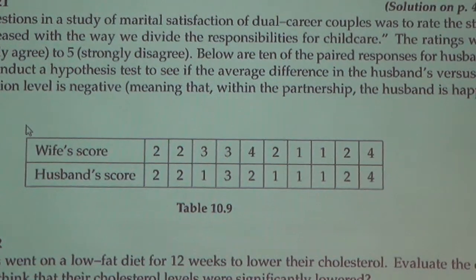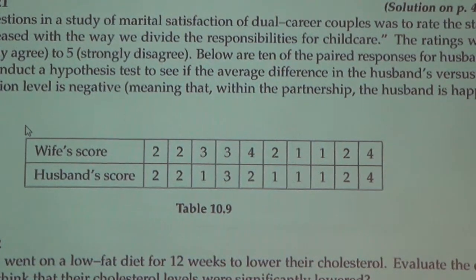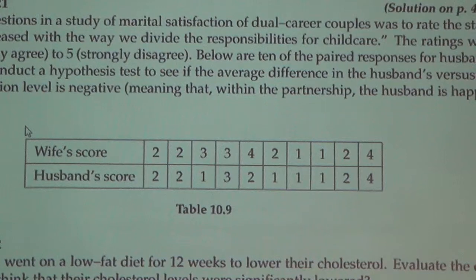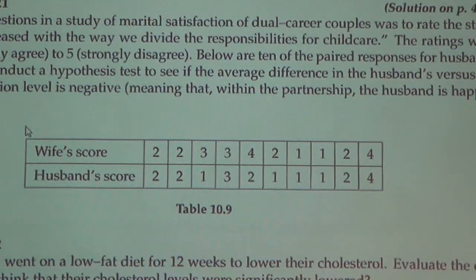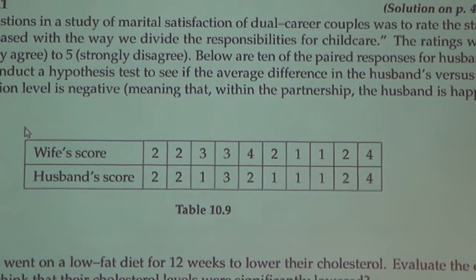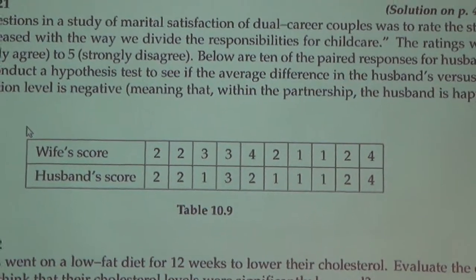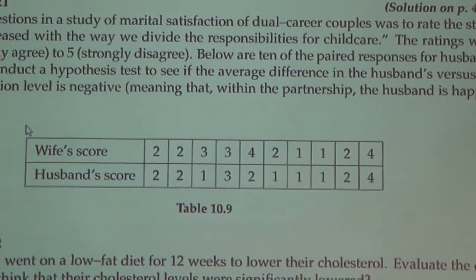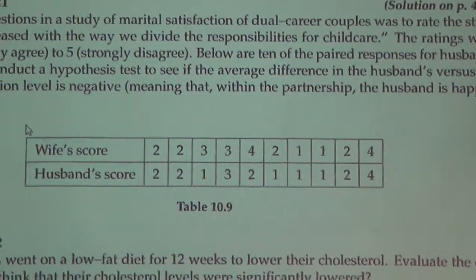Smaller or bigger? Smaller indicate more agreement with the statement. And the statement is, I'm pleased. So if you have small numbers with an I'm pleased, that implies happiness with the statement, yes? So if the husband is happier than the wife, the husband's numbers are going to be lower.